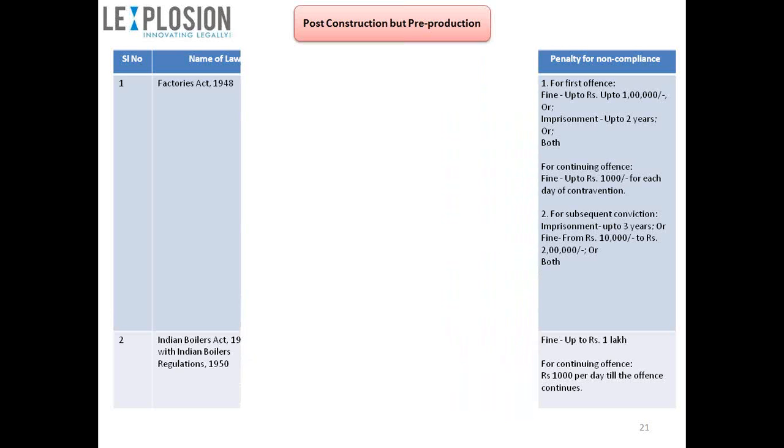Similarly, you need to take consent from the board that has been specified under the Air Prevention and Control of Pollution Act, which is typically the State Pollution Control Board.